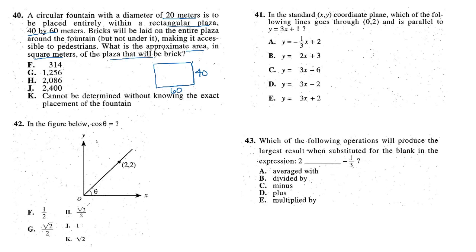Alright, so what we need to do, we have this circular fountain sitting on the inside. So we know the area of the bricks on the outside, that area is going to be 60 times 40. And then the area of the fountain, that's going to be pi times r squared.